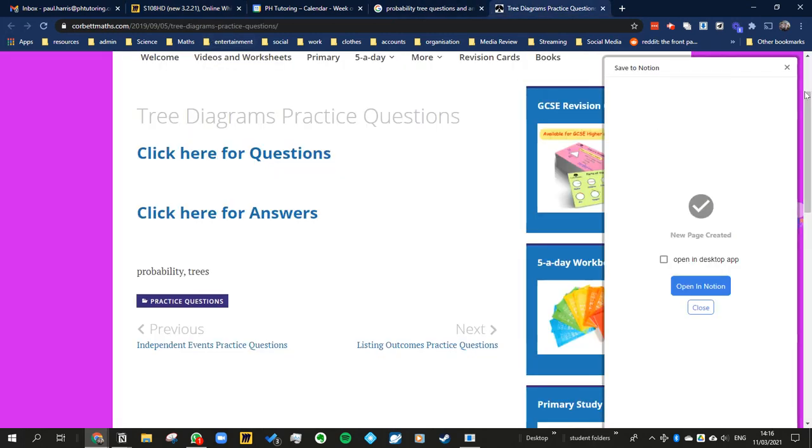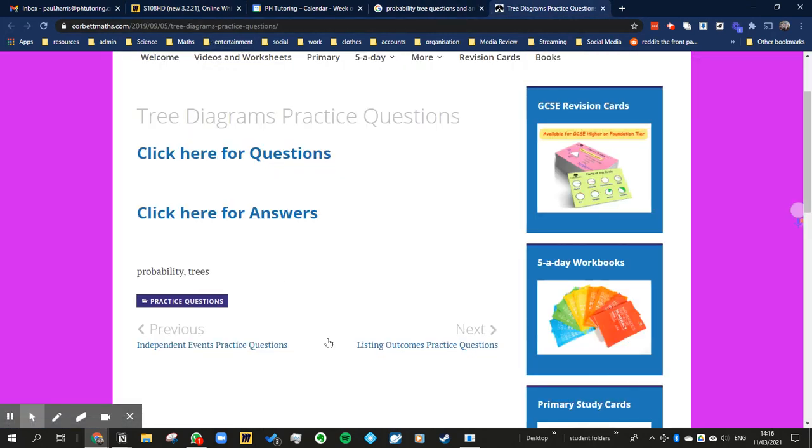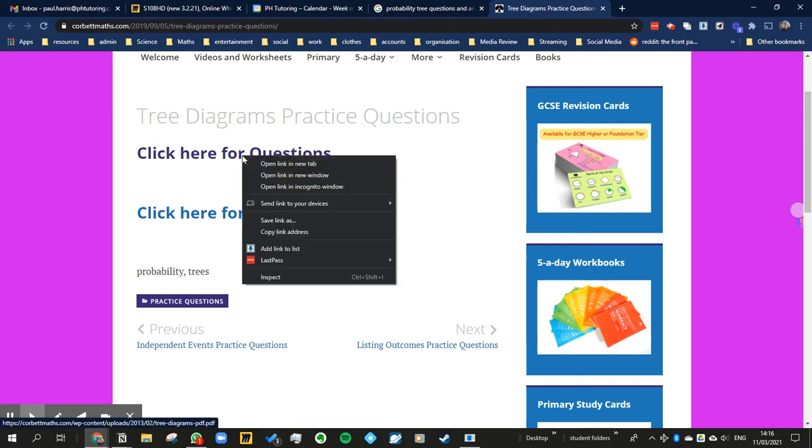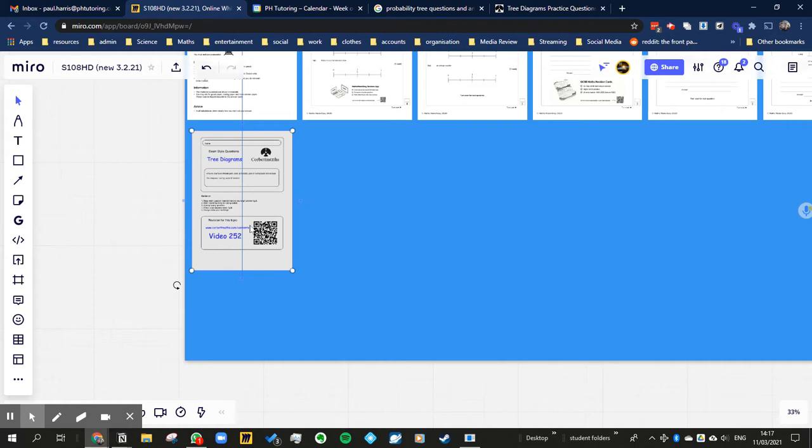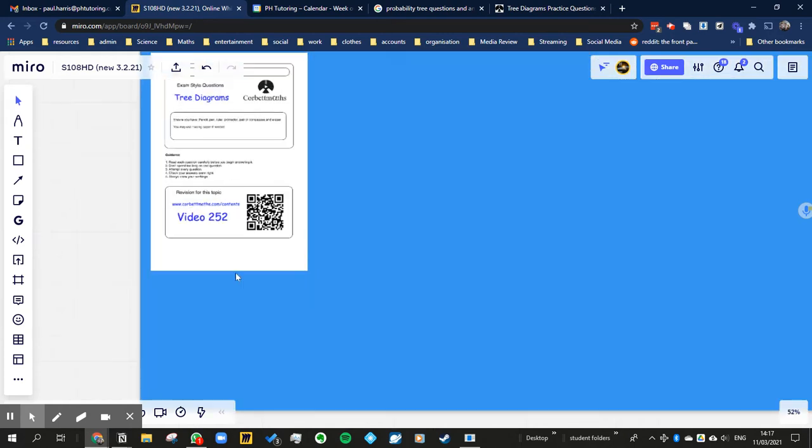Okay, so this can be found in my database as well now, by the way. So right click here, copy link address. Let's have a look at some probability trees. It looks like it's quite cool, this website, by the way.